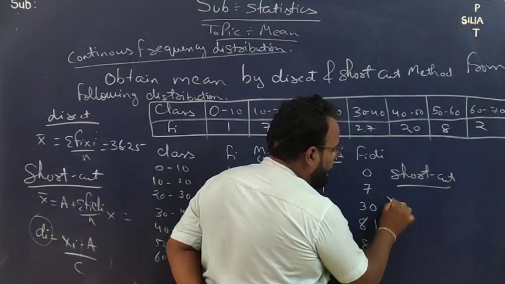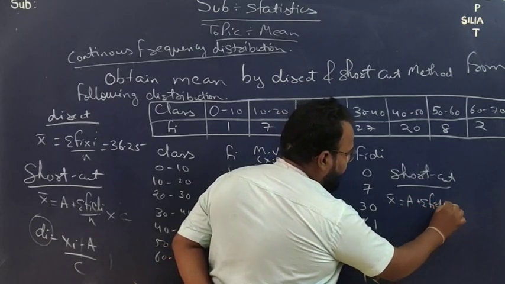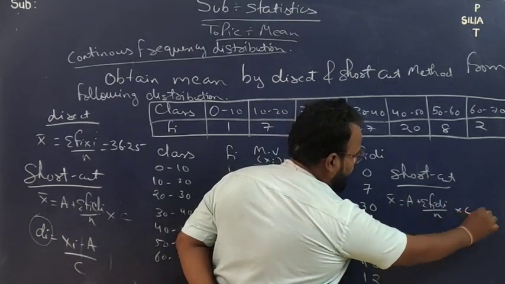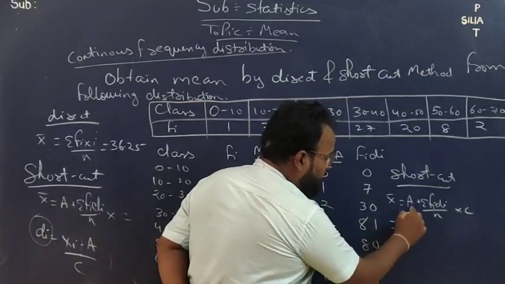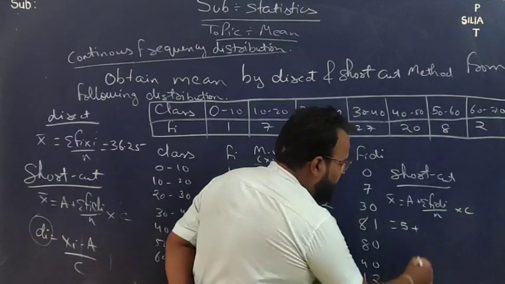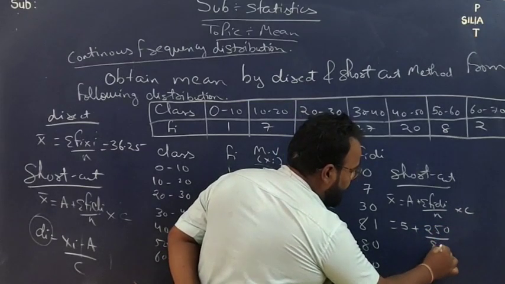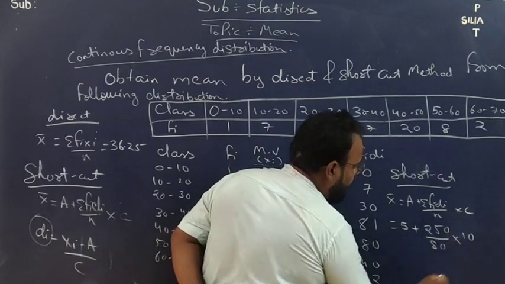Okay, so the formula is x bar equals a plus sigma fi di upon n multiplied by c. As we have taken a equals 5, and we got sigma fi di as 250, so 250 divided by 80 multiplied by 10.